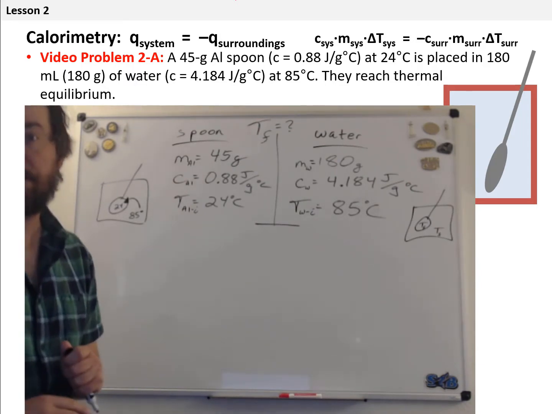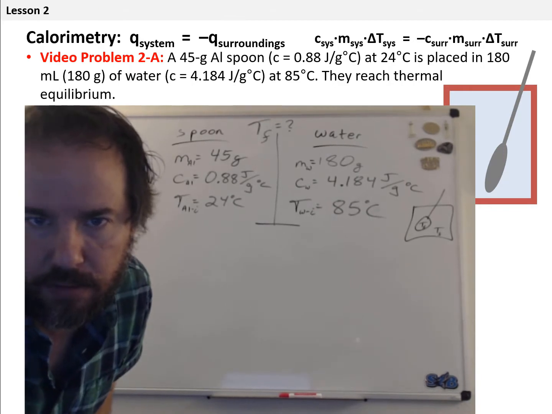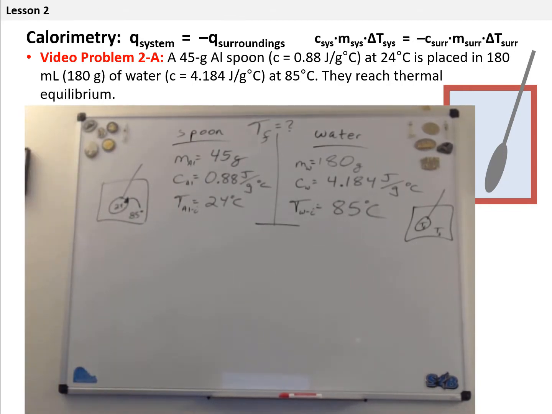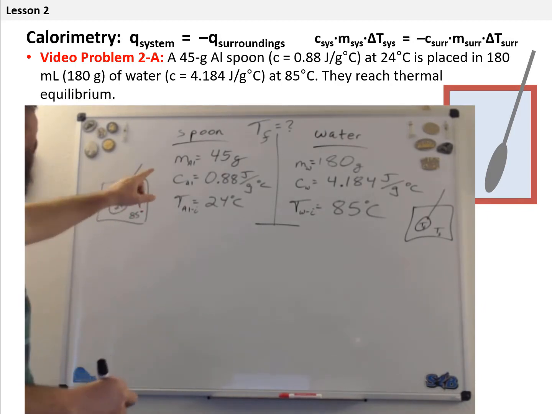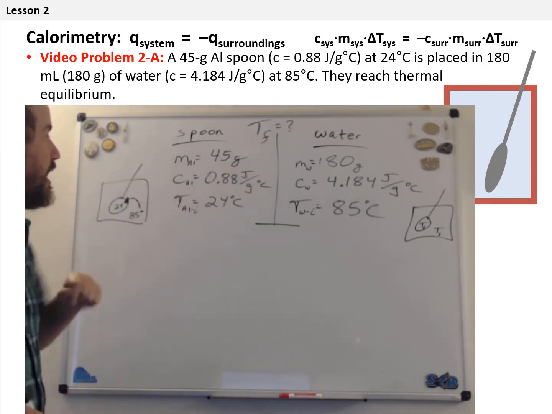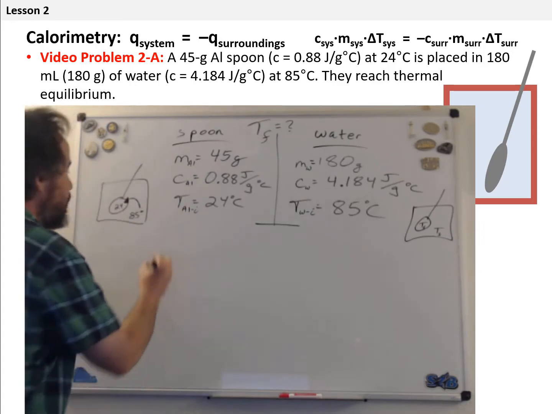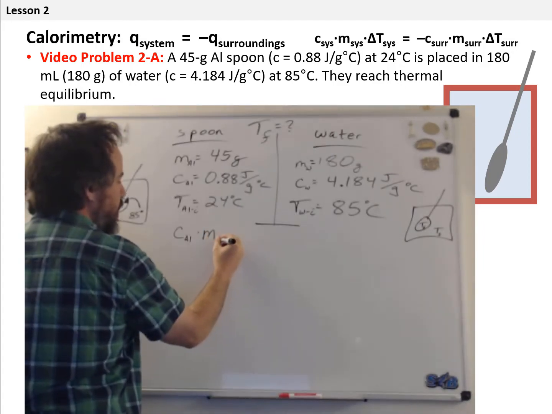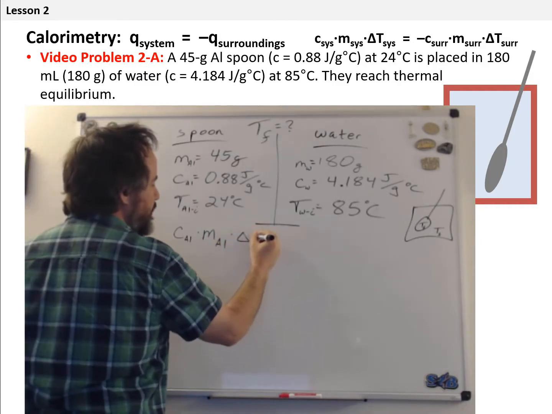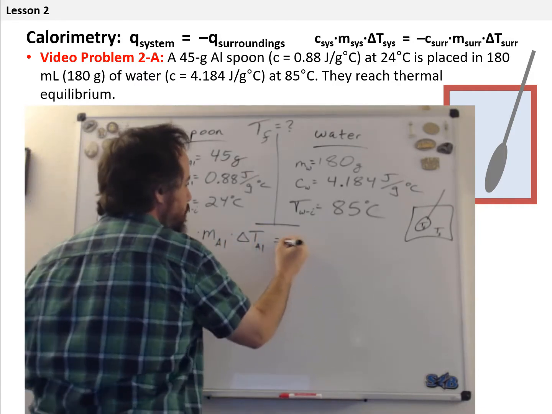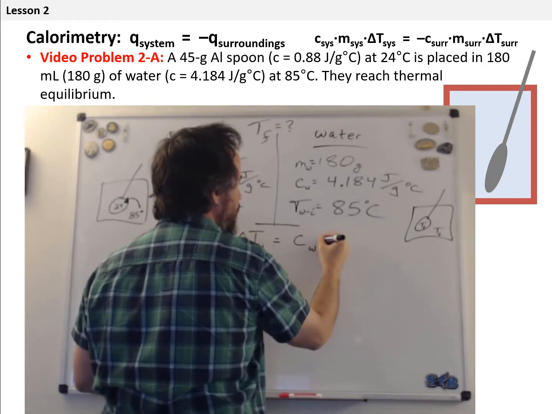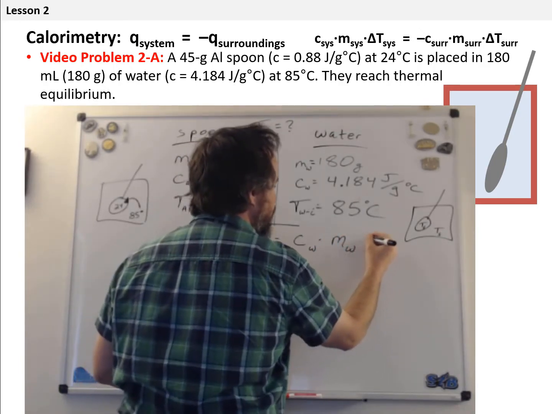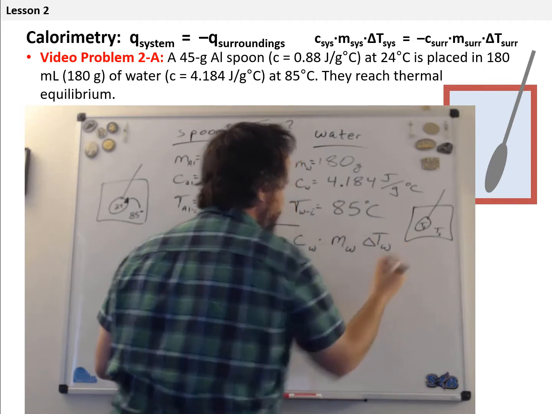Okay, so let's start filling out what we know. We know C, M, and T. So C aluminum times mass of aluminum times delta T of the aluminum equals C of the water times mass of the water times delta T of the water.